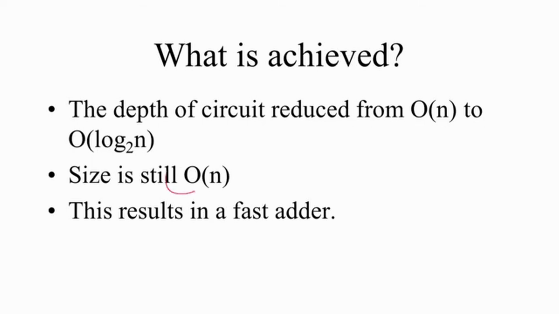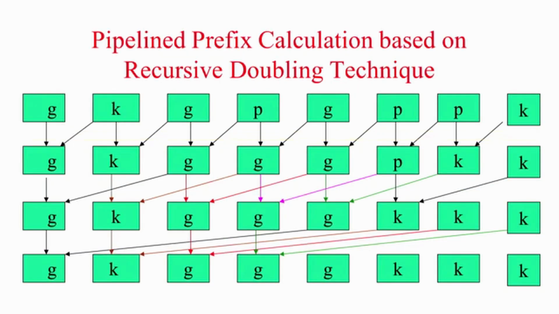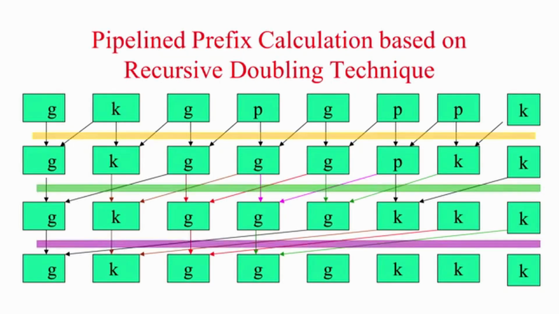I said the size is still order n. Is this a correct statement or a wrong statement? Please note that the 0th stage, or A0, is useless after this, does not do any computing at all. This stops here, there is no need for computing it beyond this point.